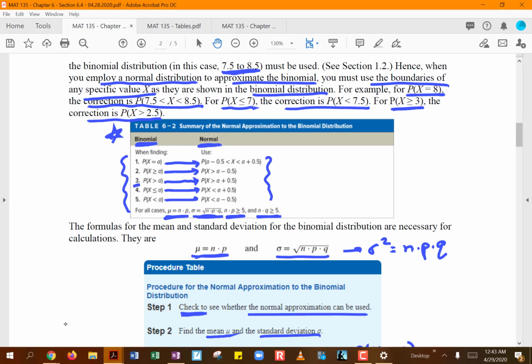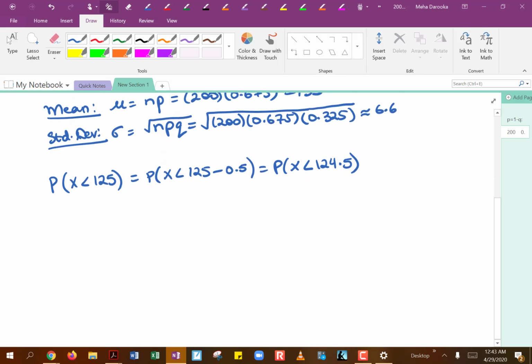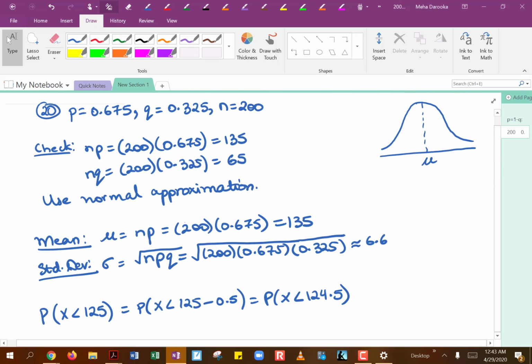So that will be 125 minus 0.5, which will of course give you a probability of x less than 124.5. Okay, so that means our mu here is 135, and we're looking at the probability of x being less than 124.5, so that's this area over here.